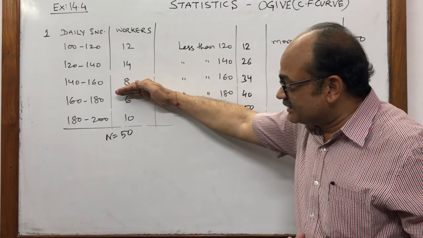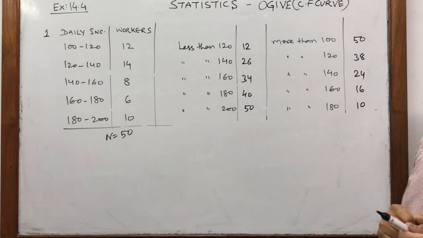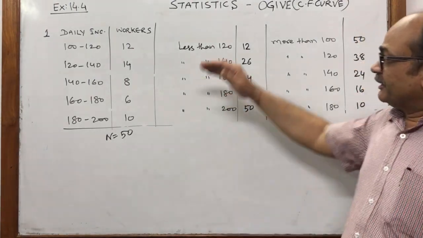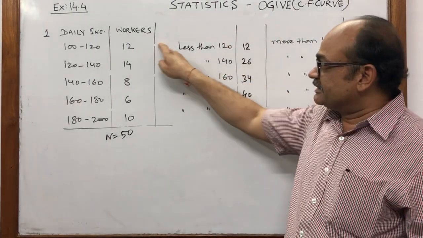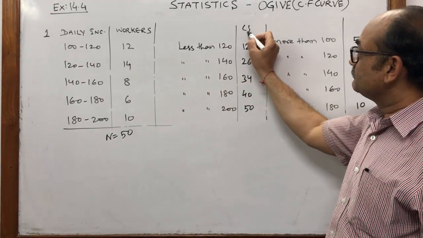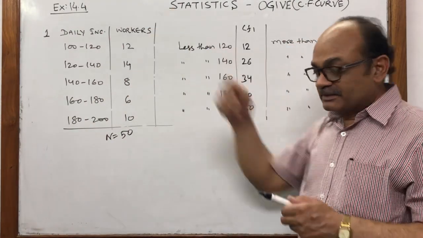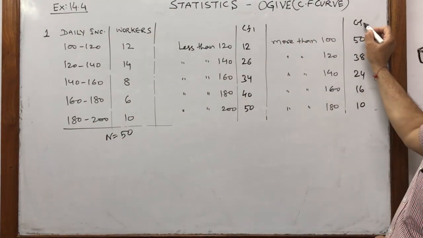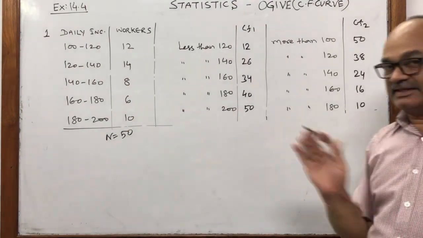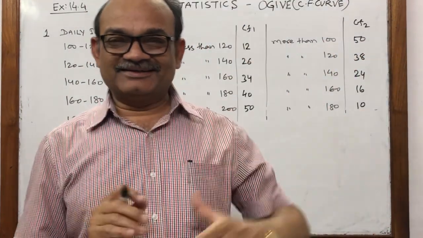More than 160: 16, and then 10. So the best method for less than CF is to start CF like in median, which I will call CF number 1. And when you start CF from the bottom, it is said to be CF number 2. Now it is clear. Those who understood this have understood the Ogive.